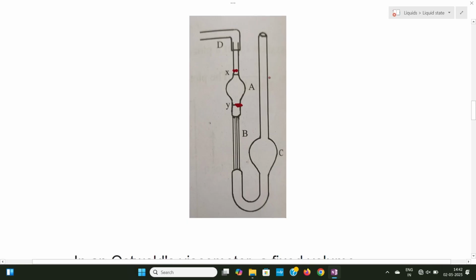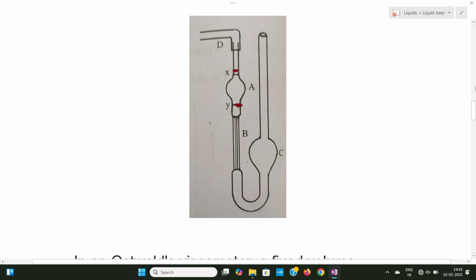Then we use the other experimental liquid, using the same volume of the liquid introduced into the bulb C. Then we suck it up to X using a rubber tube, allow the liquid to fall out up to Y, and note the time of flow of the liquid.